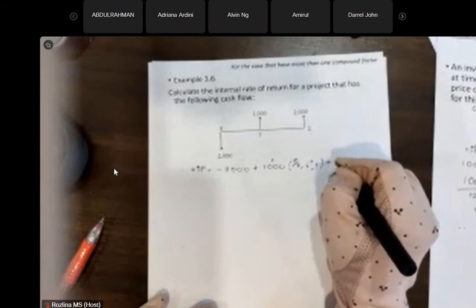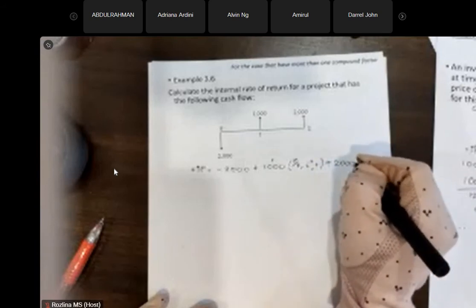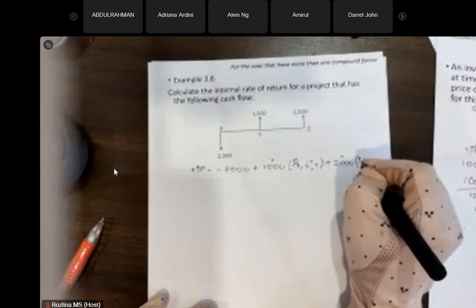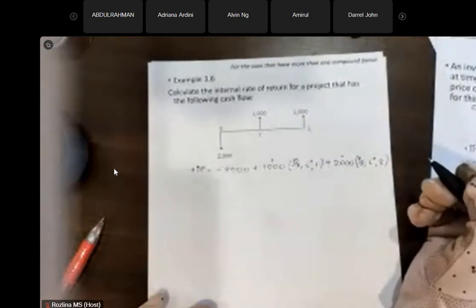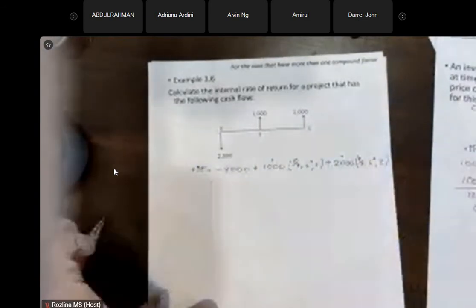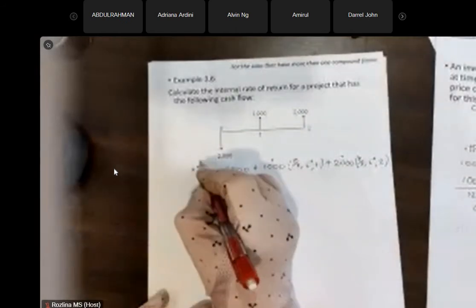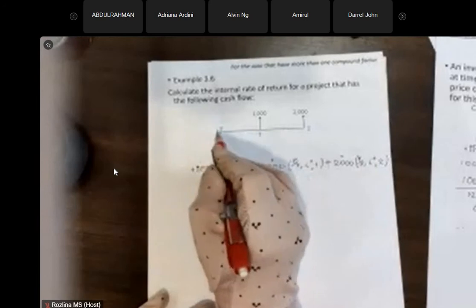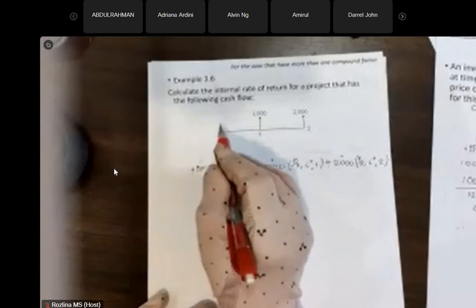Plus 1,000. Okay, this one pun F, so P over F, I tak tahu, unknown, 2. Okay. And then we assume that this P is 0.